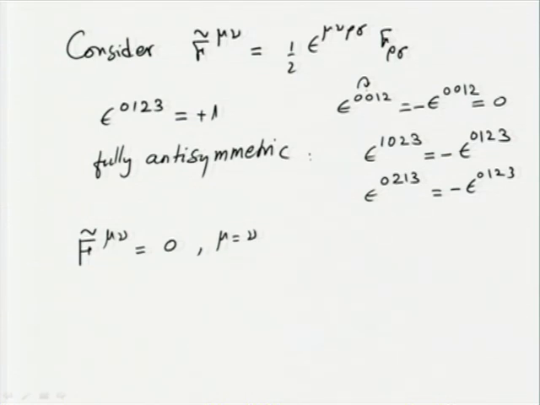Now, let us get the components. F tilde 0 1 is equal to half epsilon 0 1 rho sigma F rho sigma, where rho and sigma are summed over.